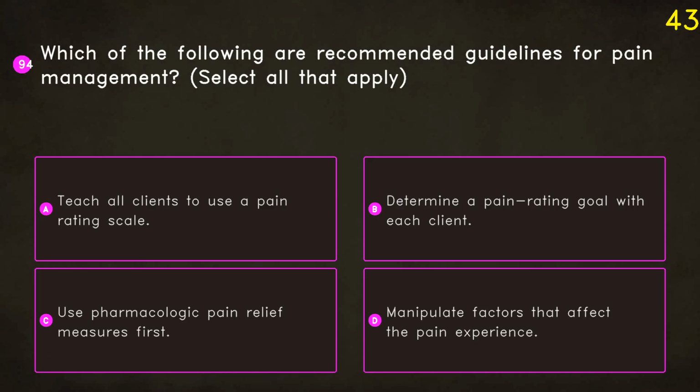Question 94. Which of the following are recommended guidelines for pain management? Select all that apply. A. Teach all clients to use a pain rating scale. B. To determine a pain rating goal with each client. C. Use pharmacologic pain relief measures first. D. Manipulate factors that affect the pain experience.